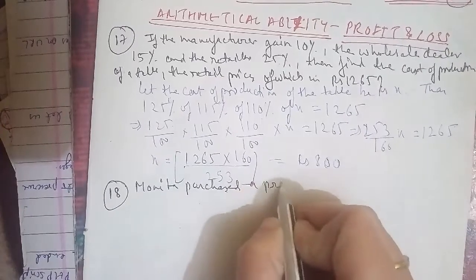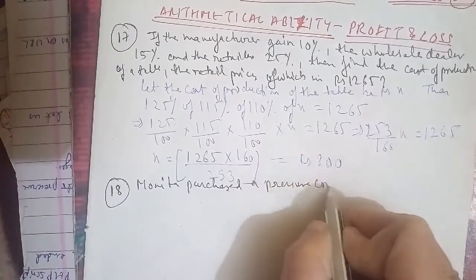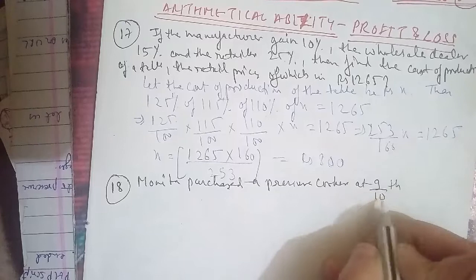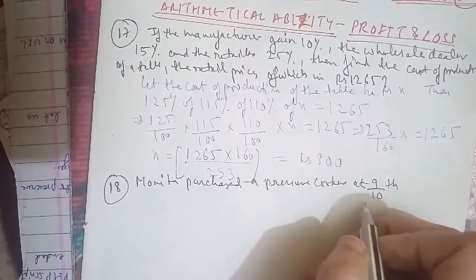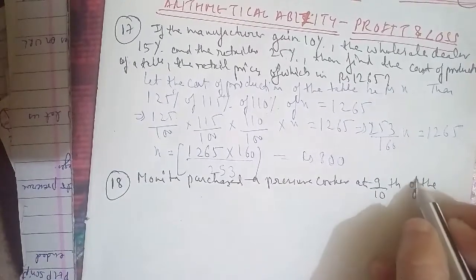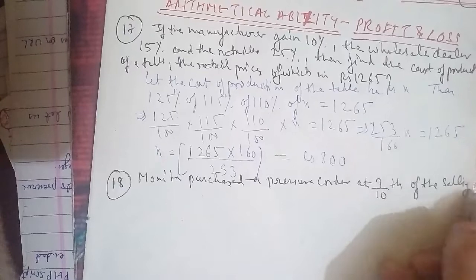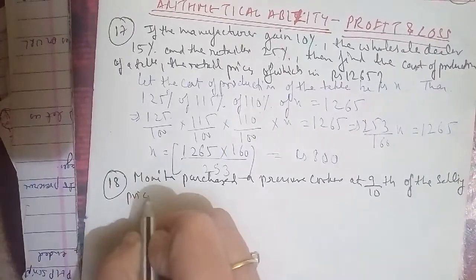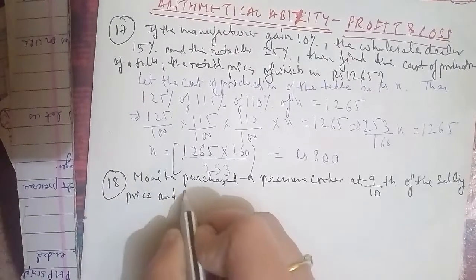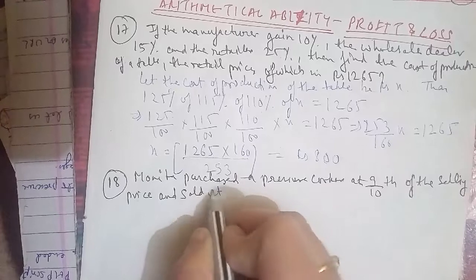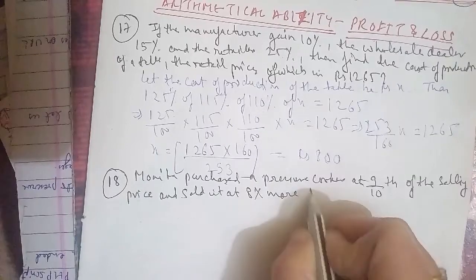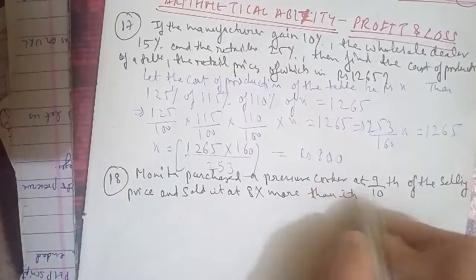Monica purchased a pressure cooker at 9 by 10th of the selling price and sold it at 8% more than its SP.